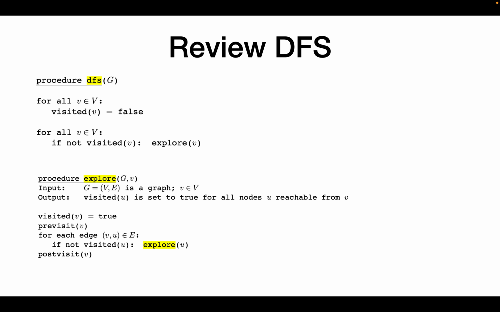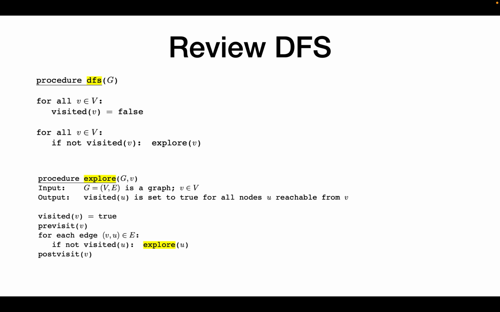It could be an array or it could be a set. I like using an array if I can get away with it. And after initializing that visited array, for all vertexes, if that vertex is not visited yet, explore starting from that vertex. So explore or search starting from vertex V.